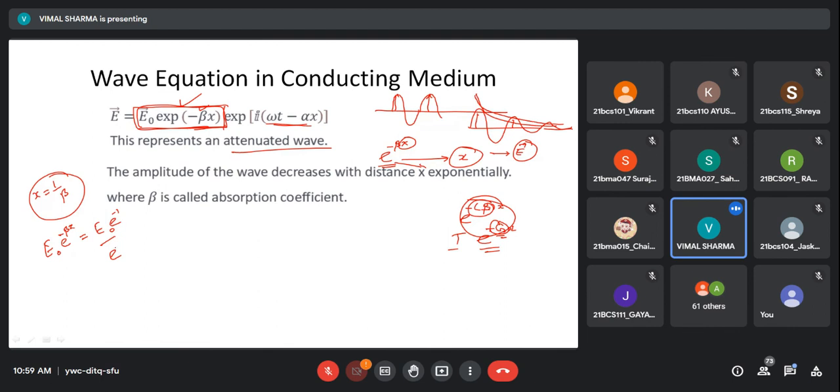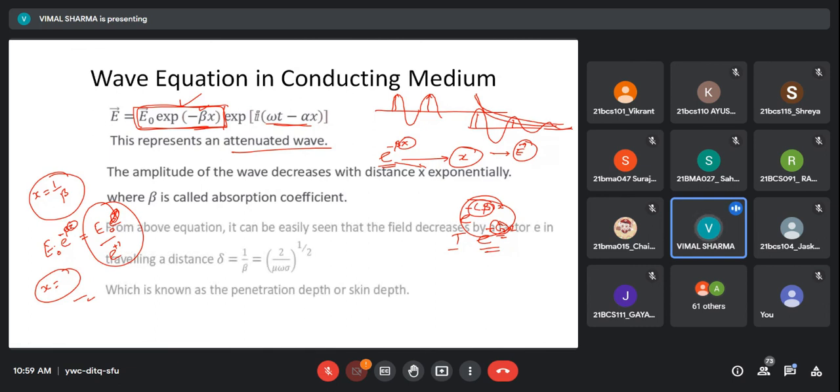So that means the x for which the amplitude reduces by this factor, it becomes 1 by e of the original amplitude. That x is called the skin depth for this medium.